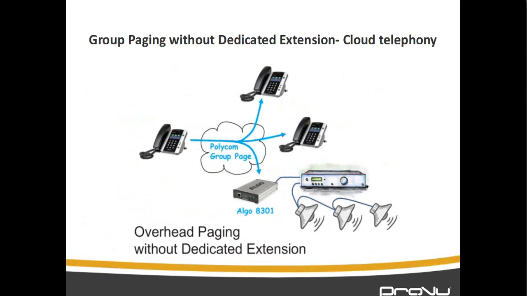You just connect an amplifier, and the customer already has an existing amplifier. You connect an Algo 8301 to it and make the Algo part of the Polycom group page, and by pressing a button it will make a page to all the devices in the infrastructure. There is no requirement for a dedicated extension. All you are doing is adding extra hardware, and that allows you to do the page without relying on your hosted services, because it's all local network. Your customer would be happy with that solution as well, because they're getting it as part of the package.